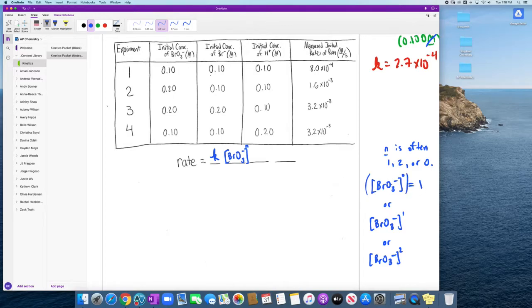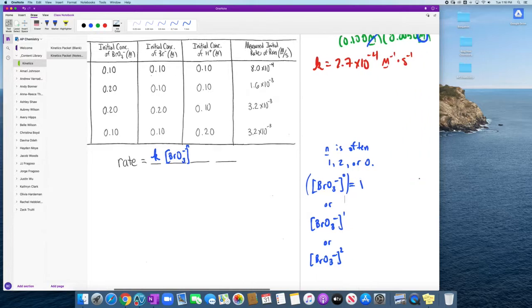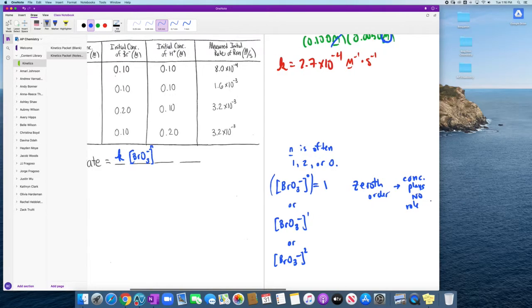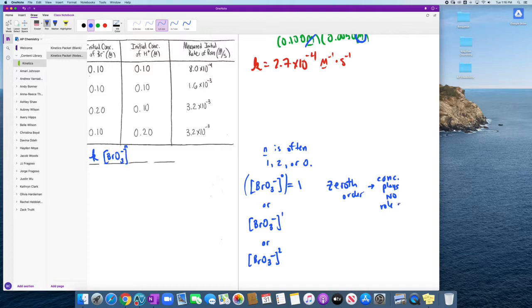So if you have a zeroth order reactant, the concentration of that species plays no role on the rate of reaction.